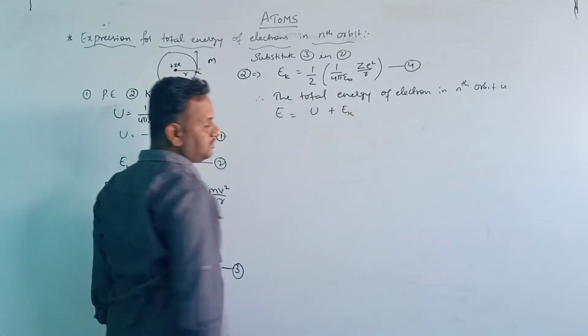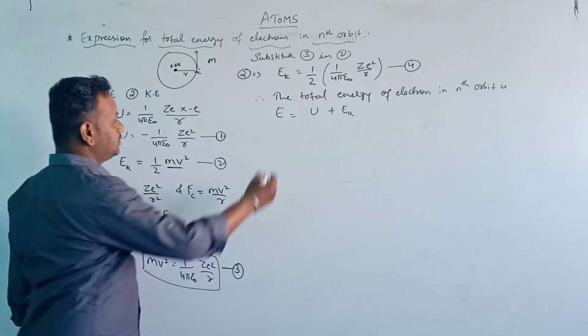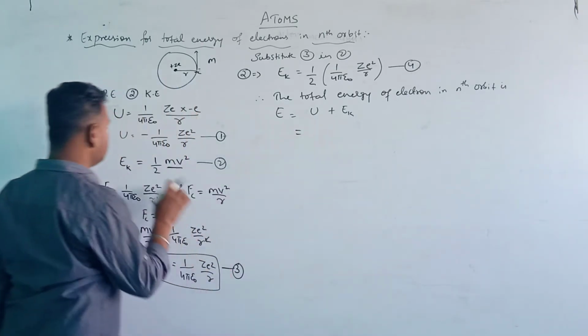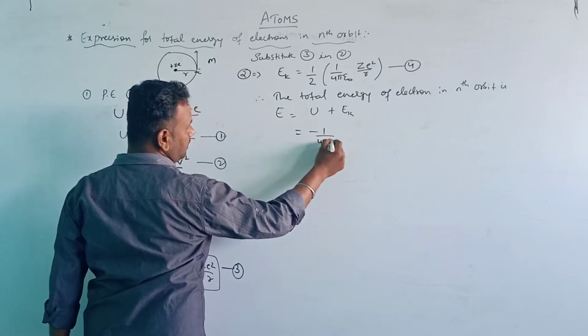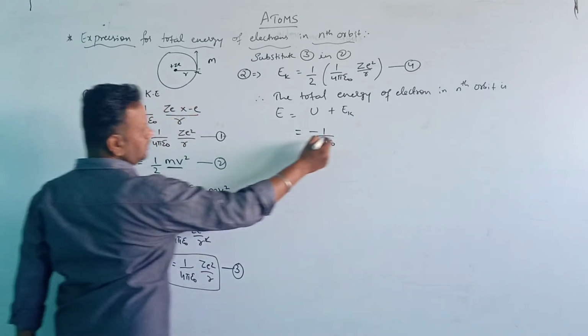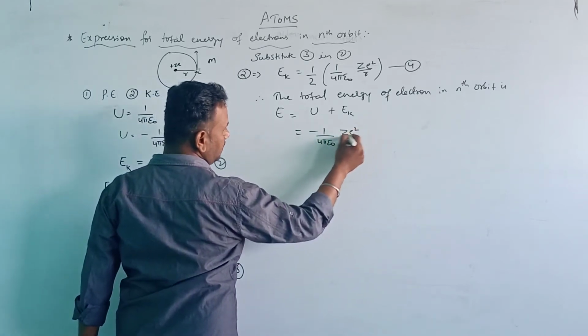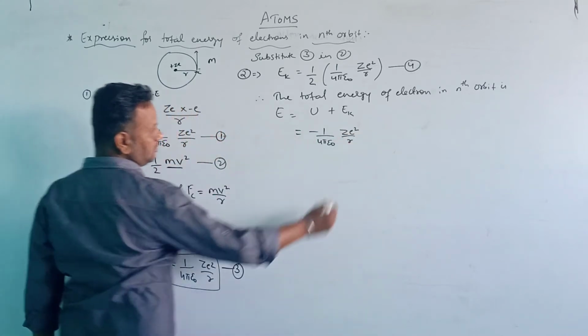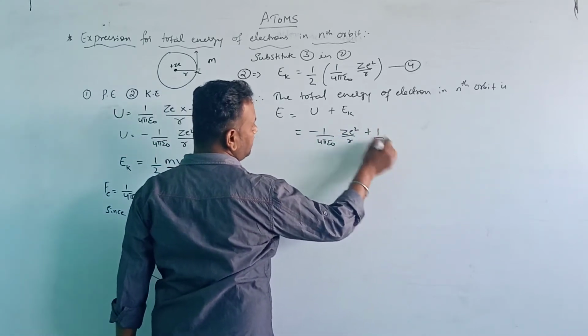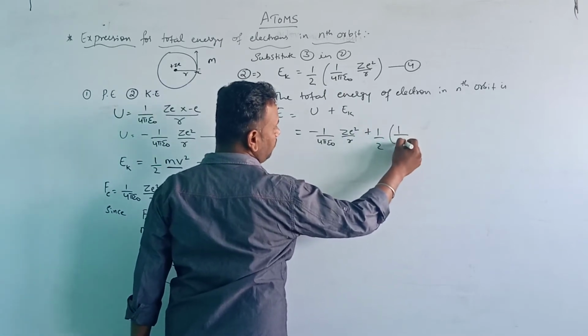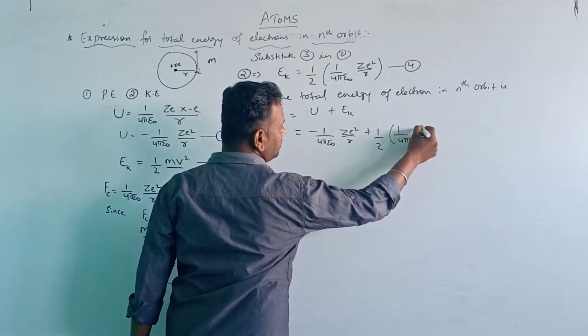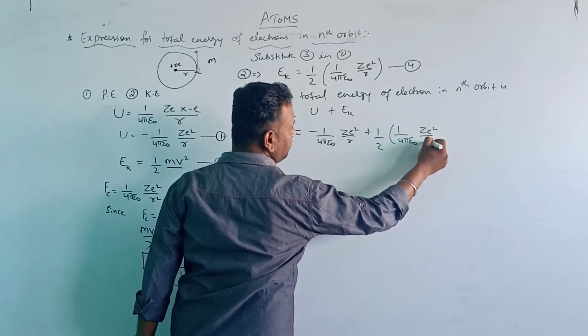The potential energy is minus 1 by 4 pi epsilon naught Ze square divided by r, plus kinetic energy, half into 1 by 4 pi epsilon naught Ze square divided by r.